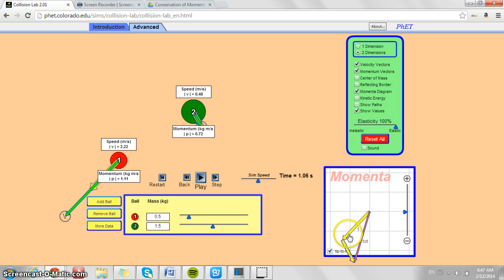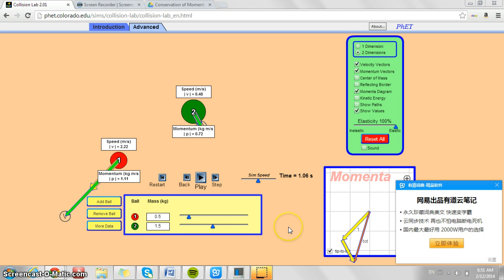And then after the collision, the momentums for each individual mass change directions, and it changes direction due to the velocity, because according to our equation, momentum is equal to mass times velocity. Mass is just scaling, so the velocity vector is scaled by your mass. And because of that, the momentum and velocity both share the same direction.